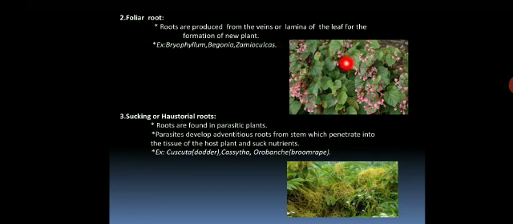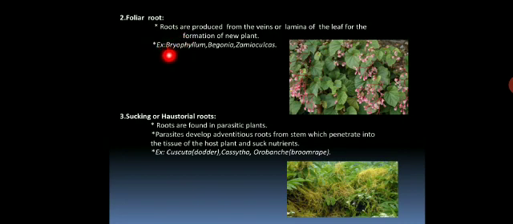Here there is a vein region. The entire area of a leaf is called the lamina of the leaf. For the formation of a new plant, with the help of the lamina or the vein, they have the capacity to produce roots. That type of plants comes under foliar root.